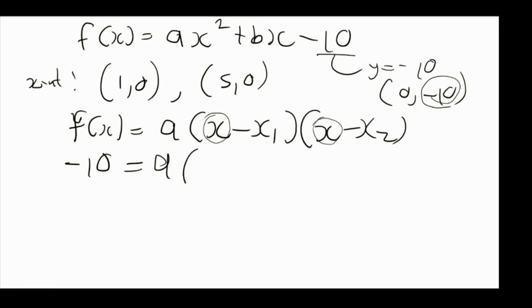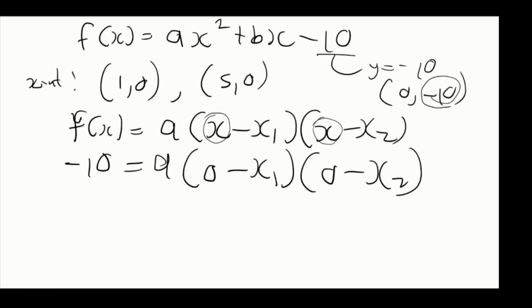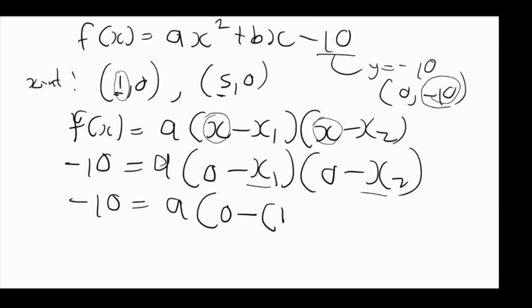So it's going to be a into 0 minus x1, 0 minus x2. Where there's x1 and x2, we're going to put our intercepts, which are 1 and 5. So it's minus 10 equals a into 0 minus 1, and 0 minus 5.